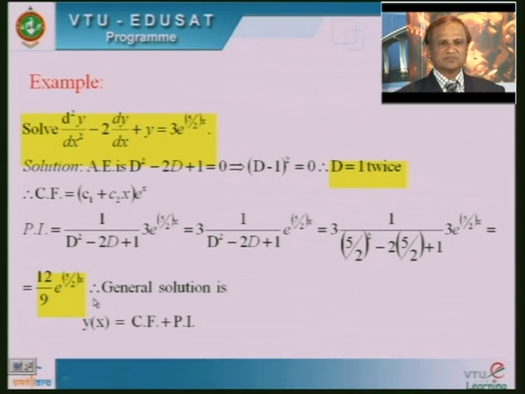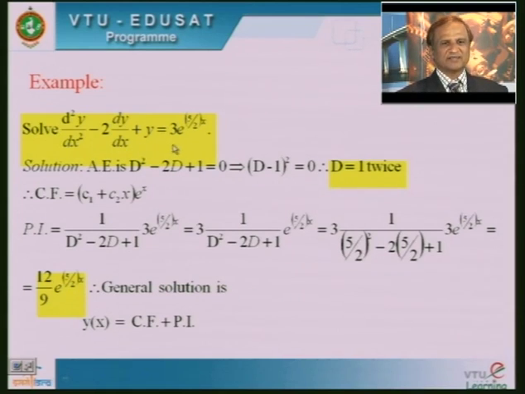Right. So, hence by the superposition principle, we can write down the general solution. Is it clear? So, y of x is equal to complementary function plus particular integral, or you can combine these two solutions. Is it clear? y of x is equal to (C1 + C2 x) e to the power x plus 12 by 19 e to the power 5 by 2 x is the solution of the given differential equation.